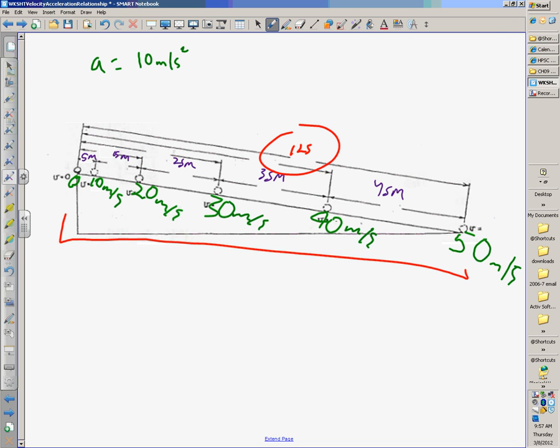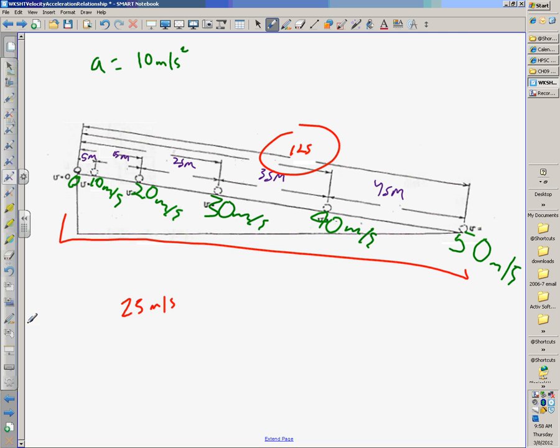That gives us 125. As far as the distance of the whole ramp goes, you can either add all the purples together, or if we take a look at this big interval that I highlighted in red, what would be the average velocity during that time? 25 meters per second.